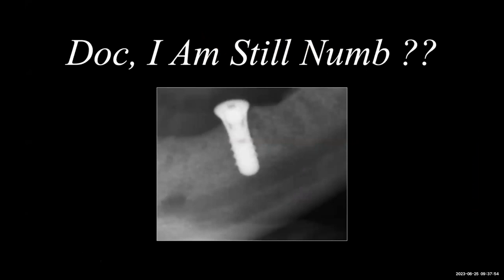So what do we do when we hear this? Doc, I'm still numb. Patient calls the next day. Well, you can have a neurosensory impairment from placing the implant into the canal, or you might not have even got into the canal. It can just be very close to the canal.